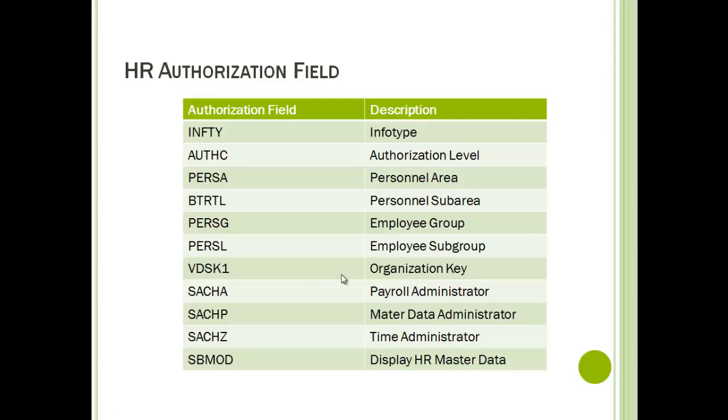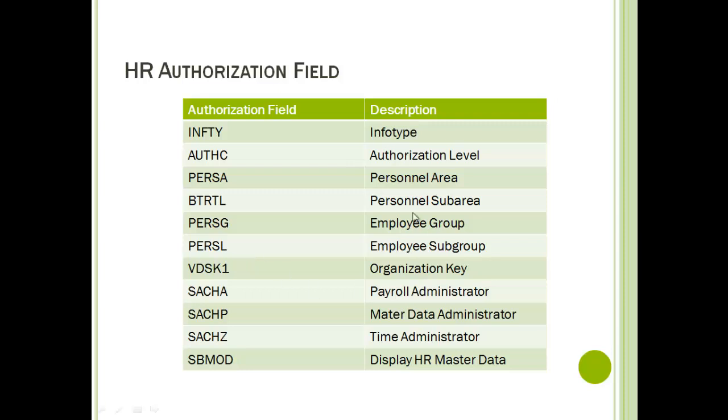Generally it starts with 4 characters from personal area, then another 10 characters will be from cost center. This again depends on how you define it. So generally this organization key is a 14-character field which has some characters inside. So initially we start with personal area, then we define some organization key.